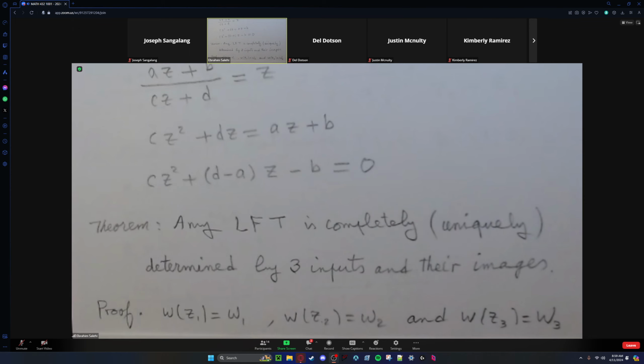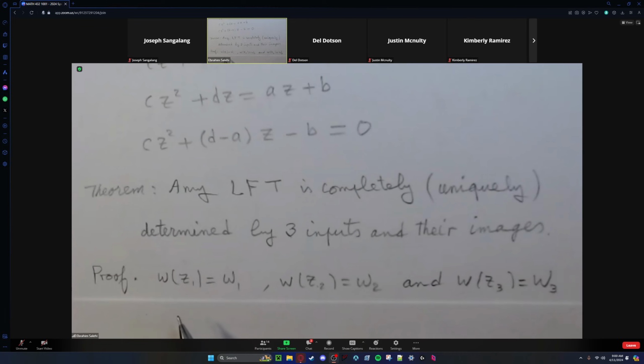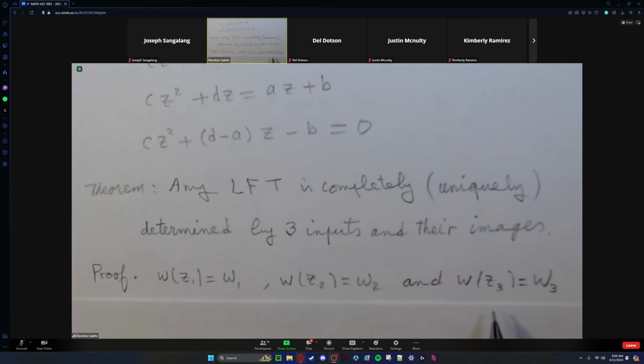We can figure out that Mobius function. Here is the proof. Why are 3 points enough? Suppose we know that if you plug Z1, we get this number. Plug Z2, we get this number, and I'm going to show that having this information, we are going to have exactly one Mobius function that does this.